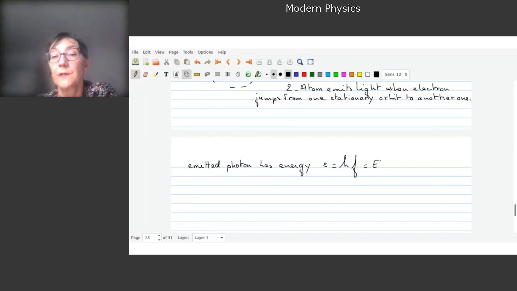So this will be the difference between the energies, high minus low, in emission. It goes from a high energy orbit to a low energy orbit, so the atom loses energy, and where does this energy go? It goes in the form of a photon which has this frequency.